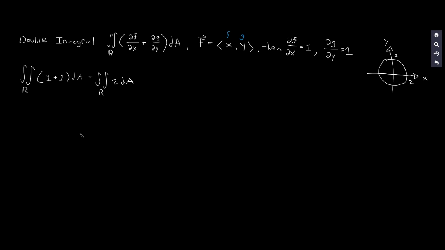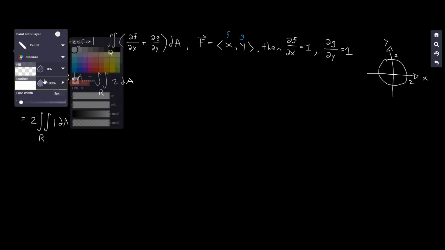And so we can factor out that 2. 2 times the double integral over R of 1 dA. And the area of region R, well, the circle has a radius of 2.